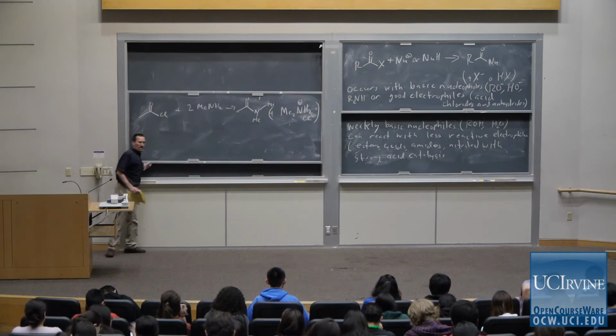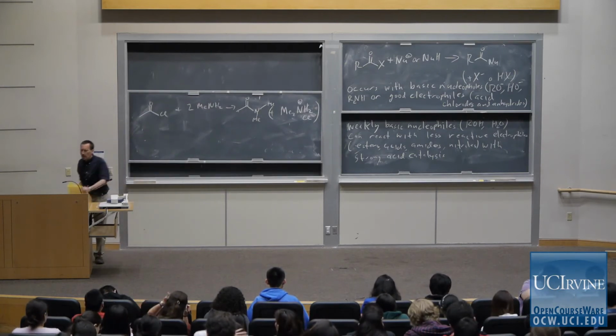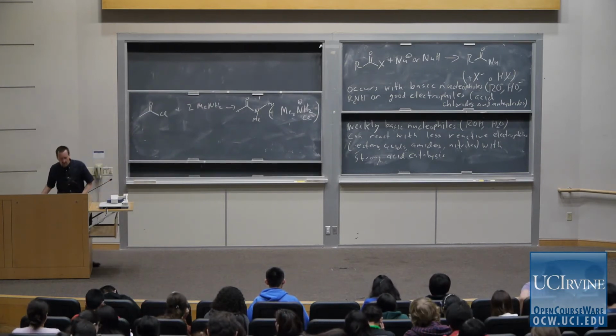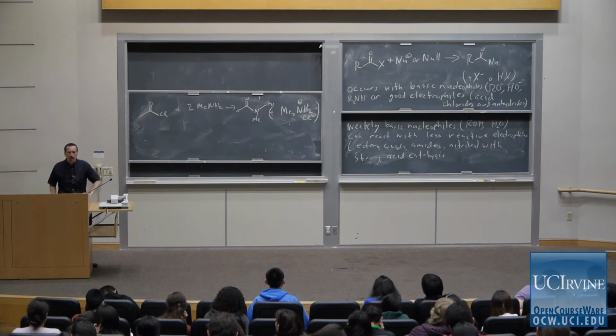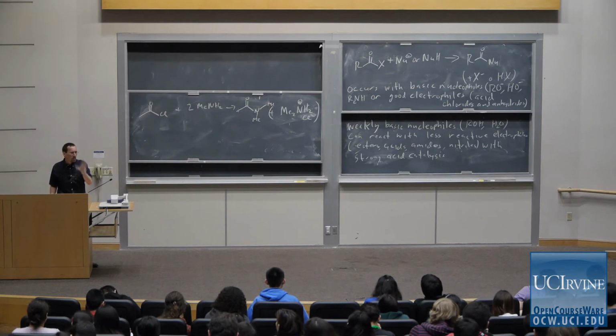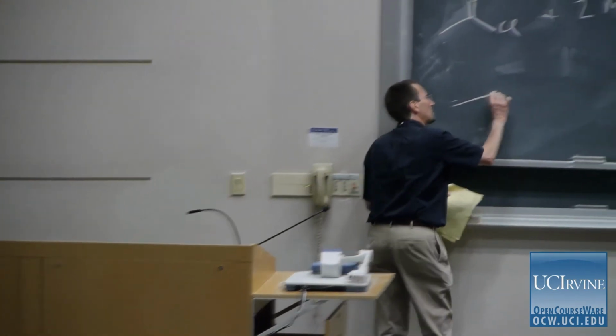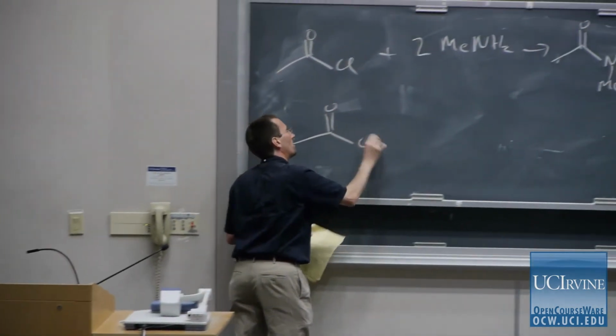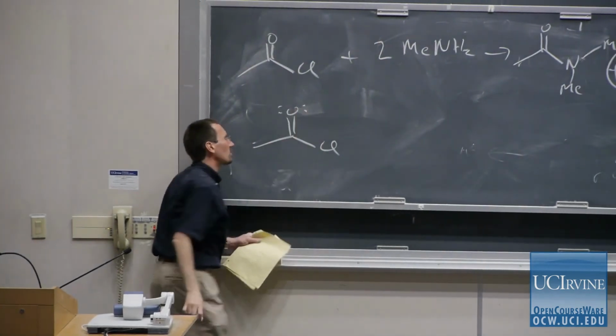What I want us to be able to do, because this is the archetype for all of our thinking about this chemistry, is to think and understand our way through these mechanisms, and particularly to get the big picture, because sometimes the details aren't going to be that important. So here's our acetyl chloride.